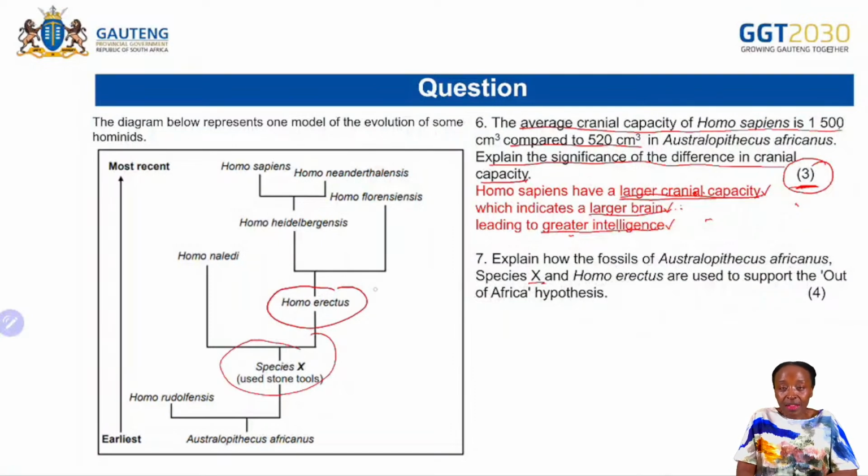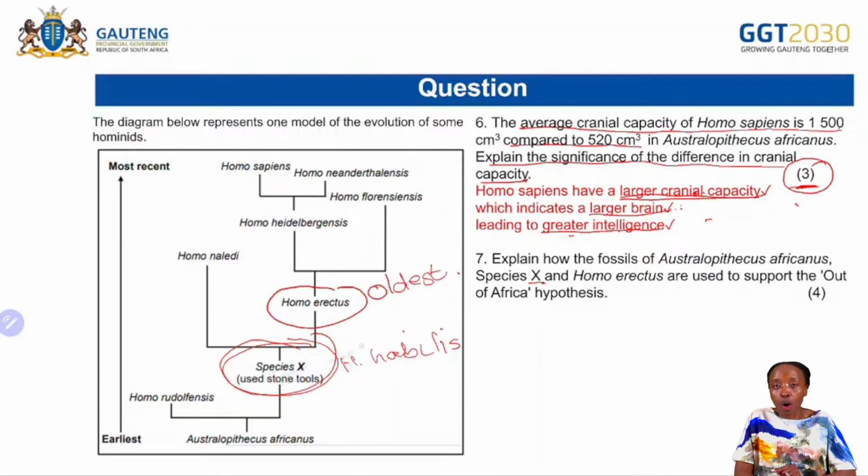We said the oldest of the Homo erectus were found in Africa, and the fossils of the Homo habilis were found only in Africa.